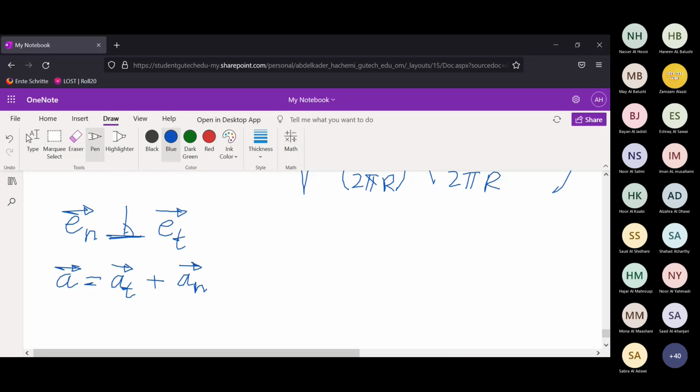That means if we decompose it, we have a tangential along the tangential axis plus a magnitude along the n direction.